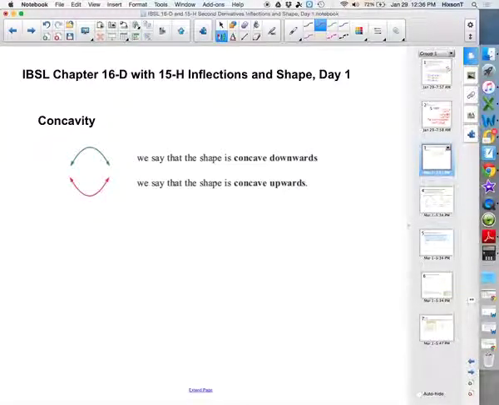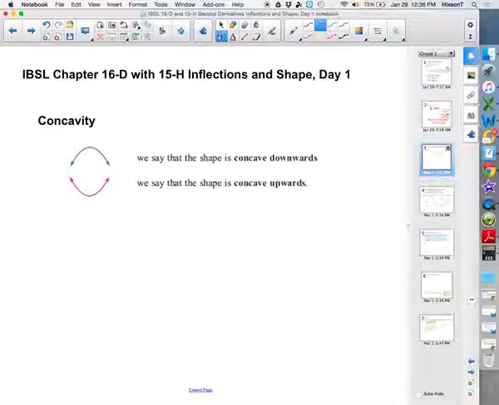It's really easy to try to think of concavity the same way you would think of your velocity, where if we're going down, concave must be down or negative. It's not. It's how is our rate of change changing?